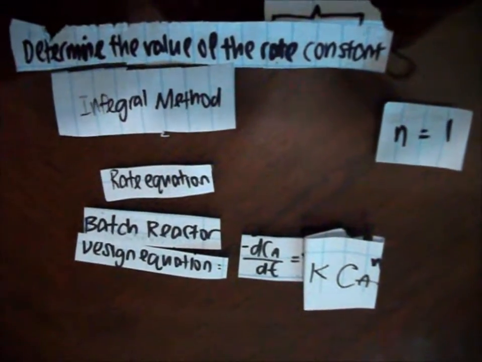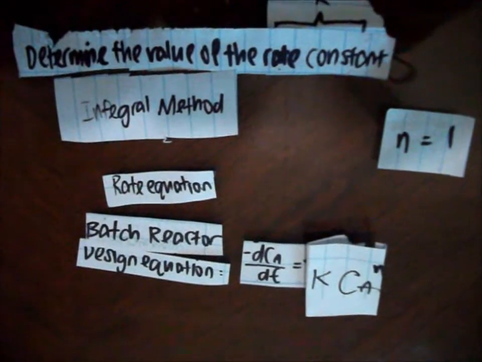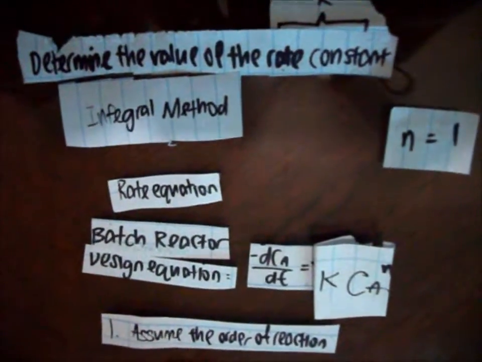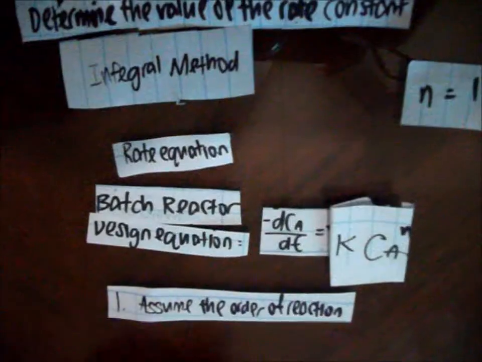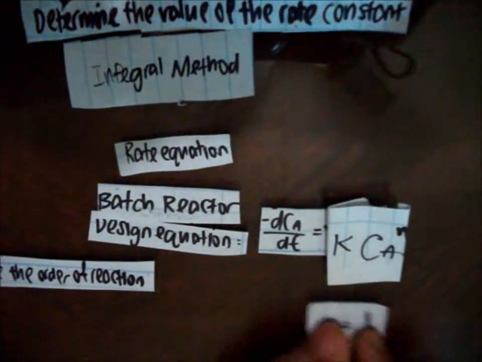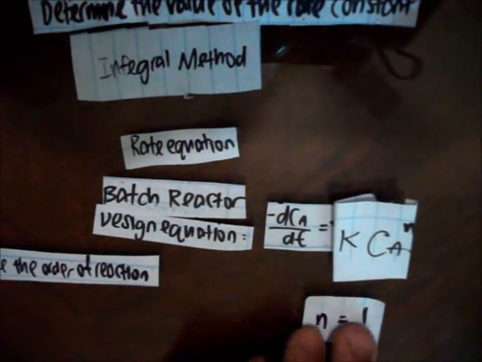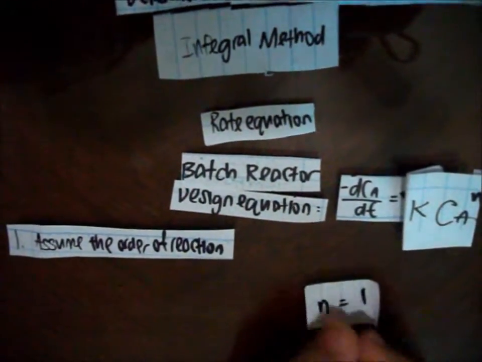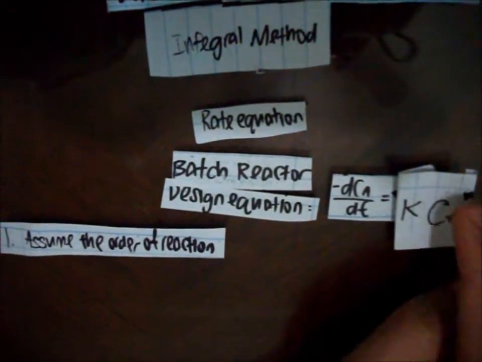Now we follow the steps of the integral method. The first step is to assume the order of reaction. Previously we already found that the overall order of reaction is equal to 1, so we can substitute n equal to 1 into this equation.